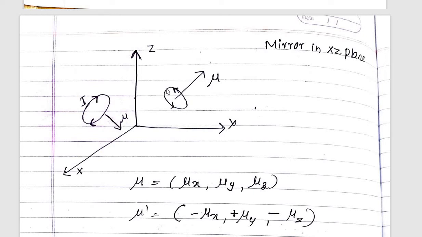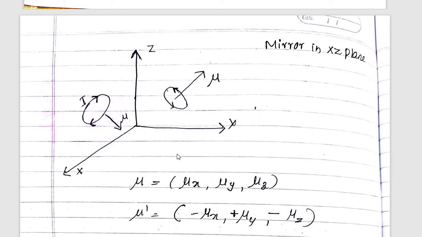In the case of polar vectors, only one coordinate changes. But in this case, it is known as axial vectors or pseudo vectors. Normally the coordinate mu is given by mu x, mu y, mu z. After reflection, it becomes mu dash is equal to minus mu x, plus mu y, minus mu z. So a quantity that transforms like this in reflection is known as an axial vector or pseudo vector.